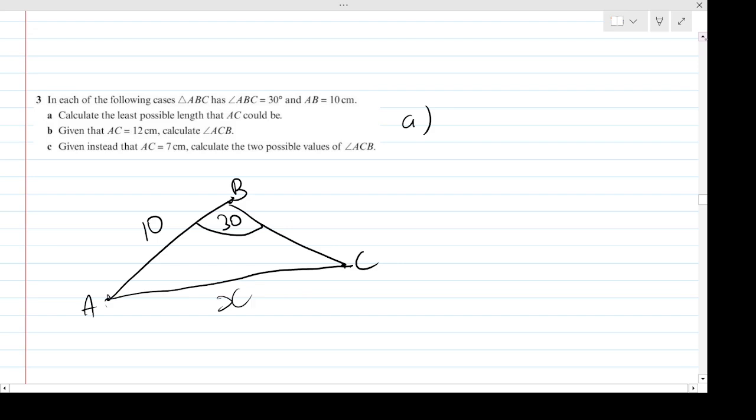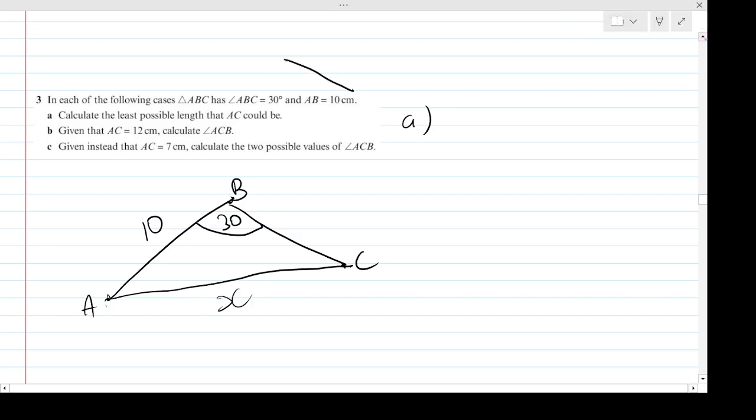At GCSE, hopefully, I don't think you spent much time on it. But what you need to know is between 2 points, say between A and C, the minimum or the least length between them, or the minimum distance, is what we call the perpendicular distance, which is a line which is going to be perpendicular.